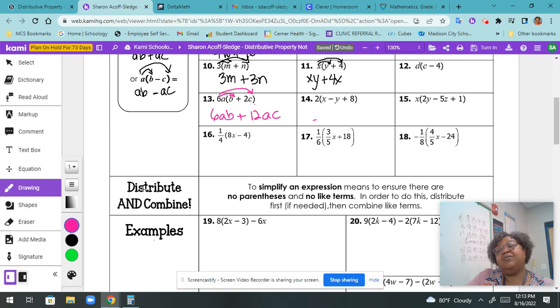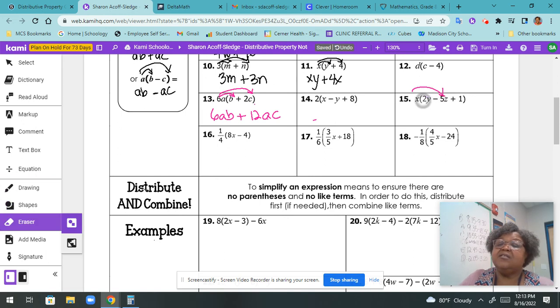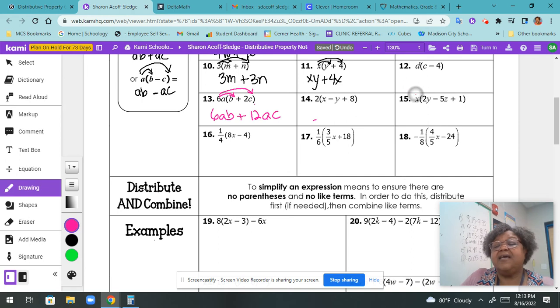I think y'all could do that one. Let's look at number 15. So when it's 3 numbers, I'm still going to draw my arrows, which are beginning to look crazy. So it's x times 2y, and I want you to do it on your paper first. X times minus 5z, and then x times 1.